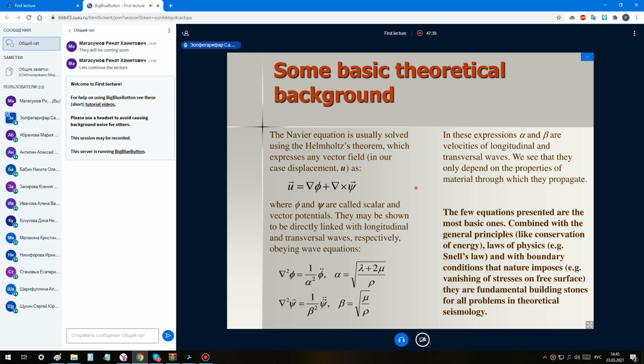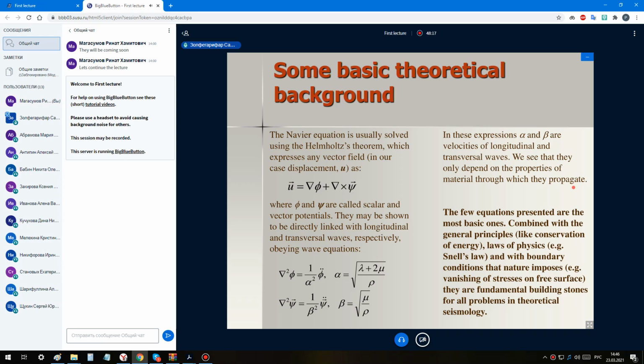They may be shown to be directly linked with longitudinal and transversal waves, respectively, obeying the wave equation, as shown in this equation: the Laplacian of phi and the Laplacian of psi, and also the alpha and beta equations.